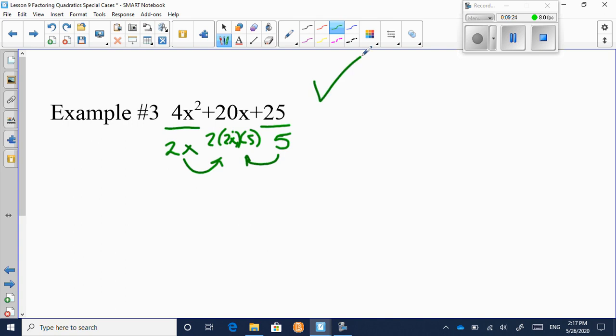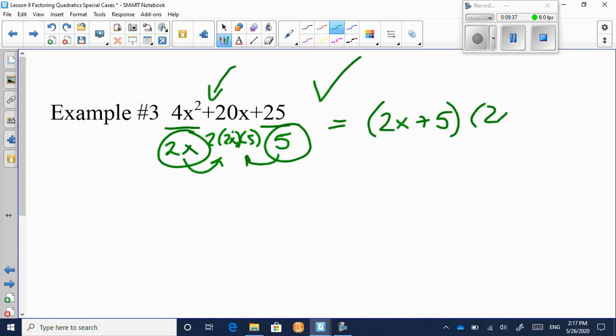So this is a perfect square trinomial, and therefore we take these two and we just go 2x, and then because that's a plus sign, it would be plus 5 times itself, 2x plus 5, or 2x plus 5 squared. So it just makes your life a little bit easier if you do that.